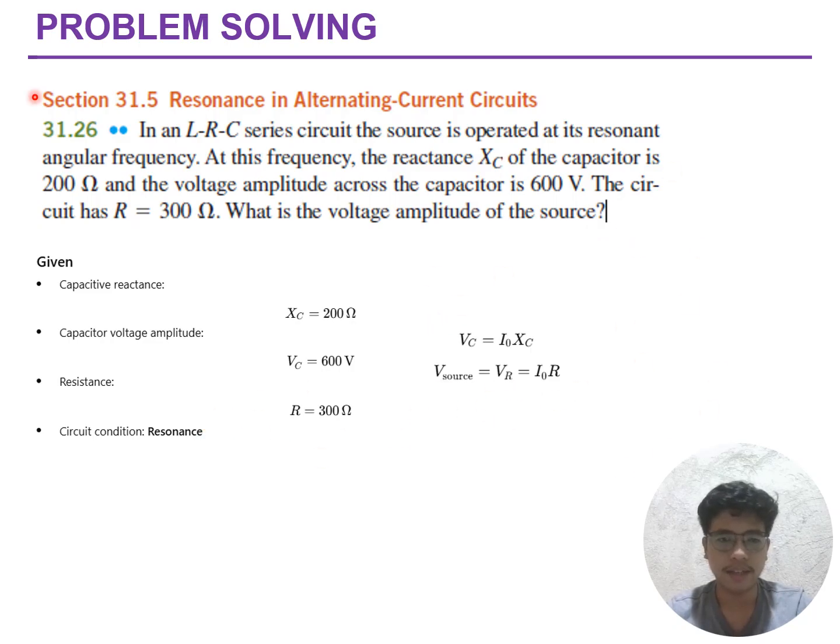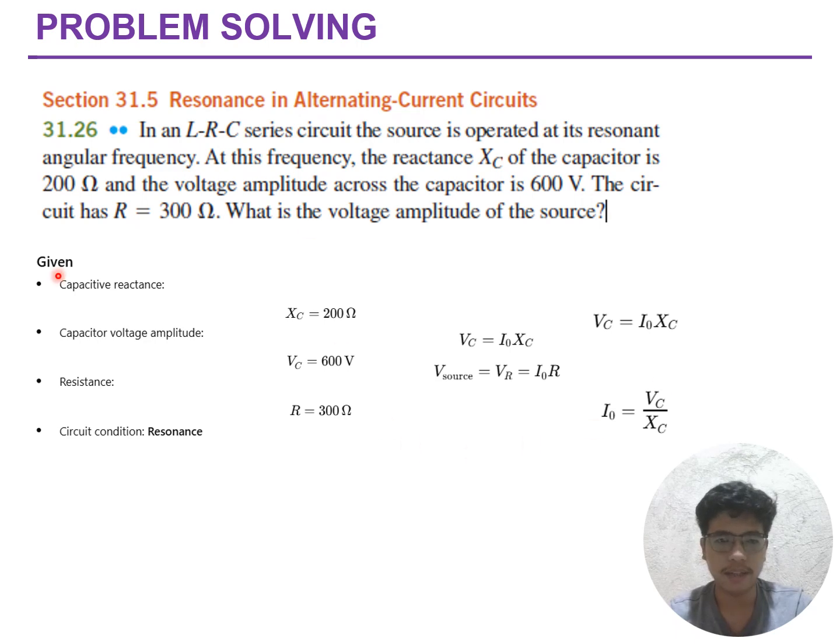Then after that, we need to find the current amplitude. The voltage across the capacitor is related to the current by the capacitive reactance. So we need to solve for the current amplitude using this formula.